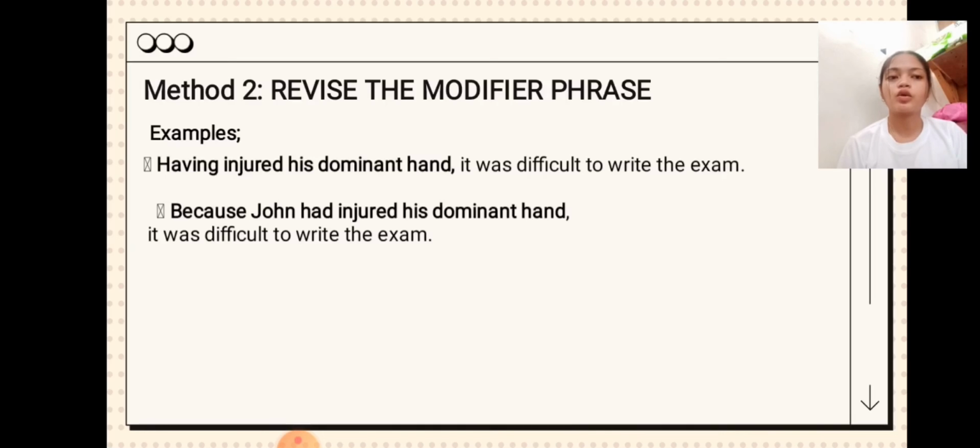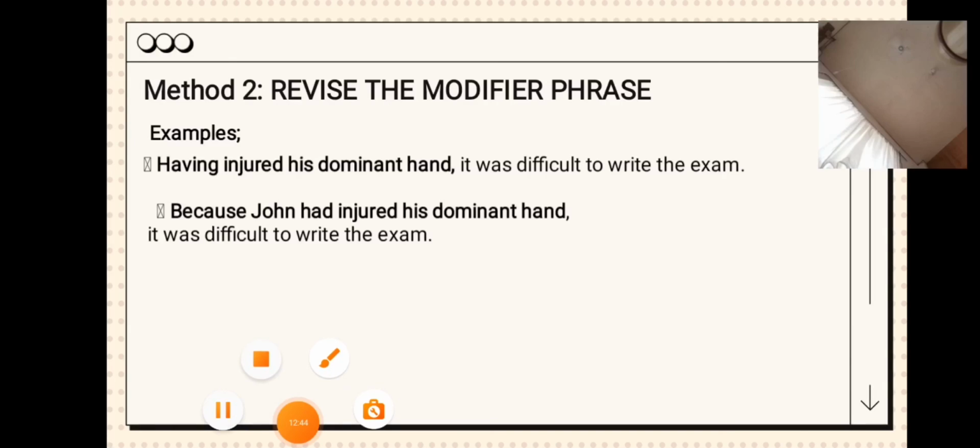In the corrected sentence, the dangling modifier is replaced with a complete clause that clearly states the subject who is doing the action, which is John. That's how we revise the modifier phrase.